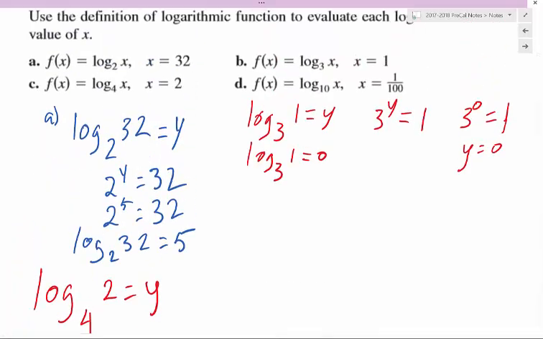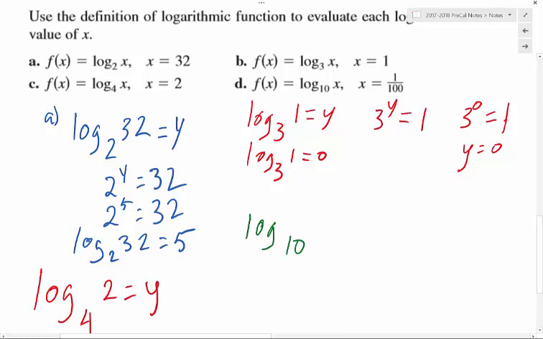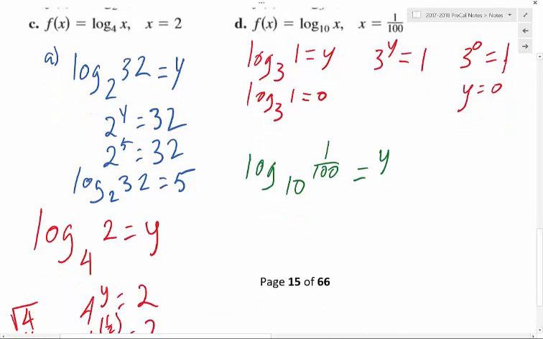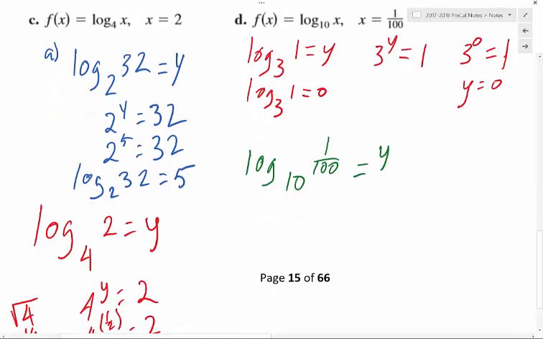And finally, log base 10 of 1 over 100 equals y. Well, 10 to what power equals 1 over 100? Now I'm going to use two properties of exponents that I know.